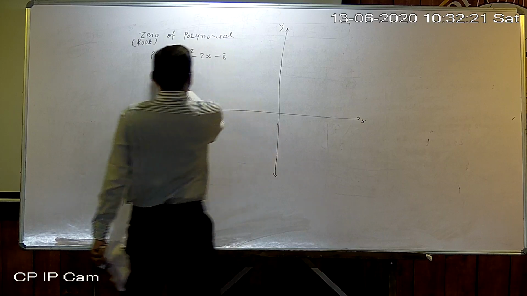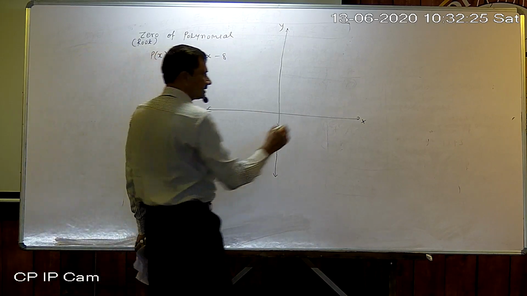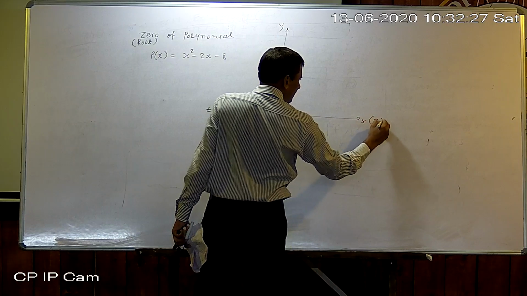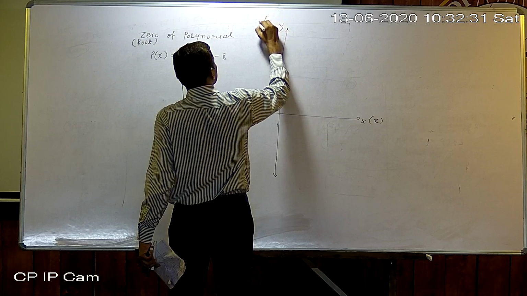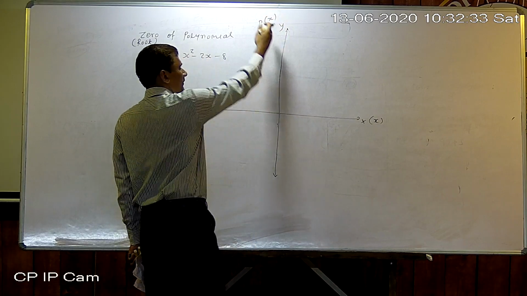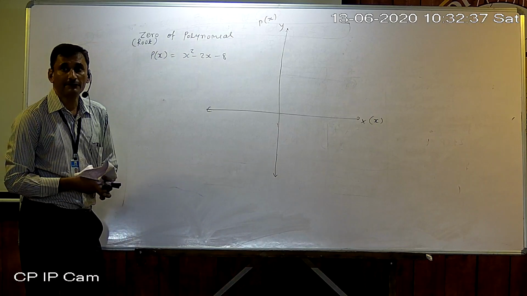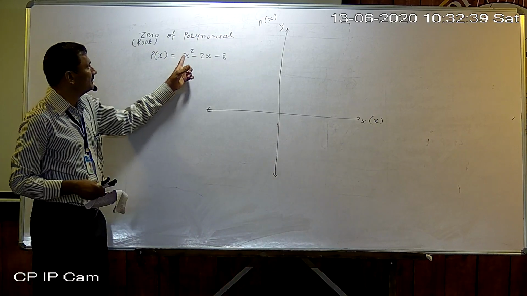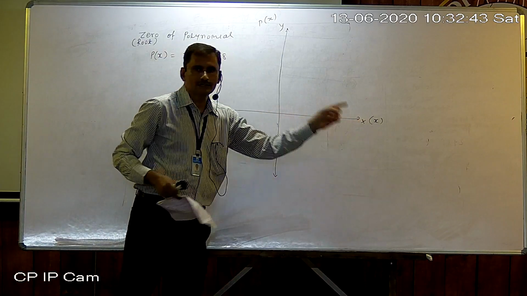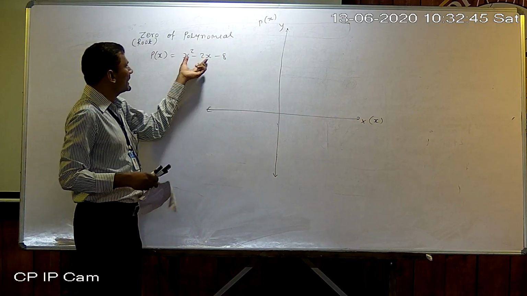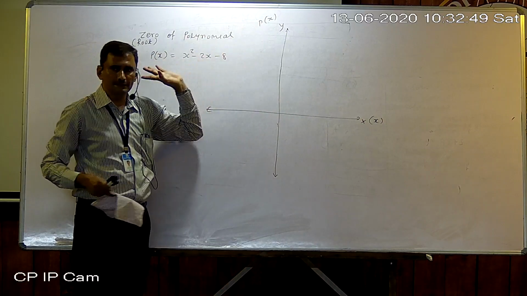If that polynomial is on variable x, then the x-axis contains x and the y-axis contains p of x. So the value of the polynomial is always taken on the y-axis, and the variable's value is always taken on x. Why? x is independent, p of x is dependent.